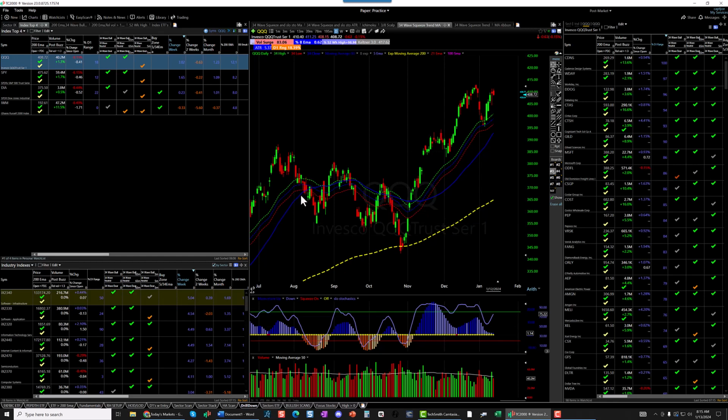So whenever the 50 SMA, I'm above the 200 here, the yellow line. So above the 200, I'm going to be bullish, and this is the same for any stock, any sector, any index. So above the 200, I'm going to be bullish as long as price is above the 34. So with the SMA 50 underneath the 34, I can be bullish.